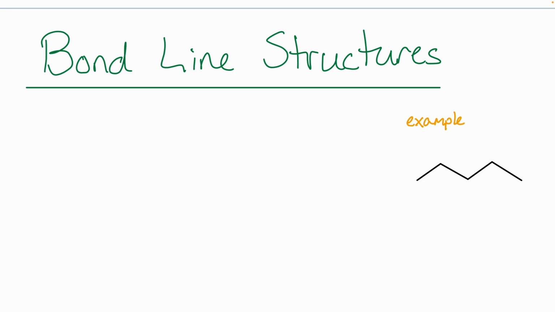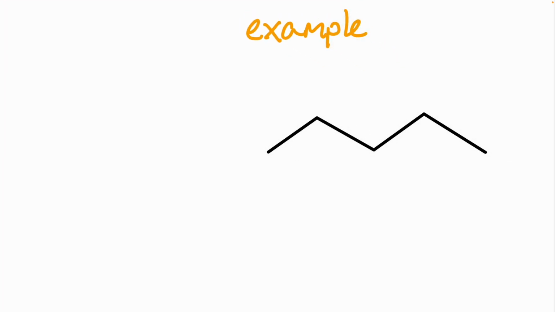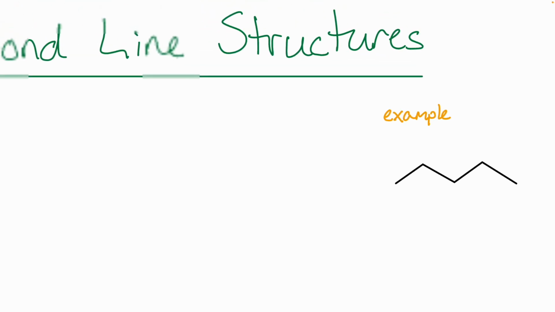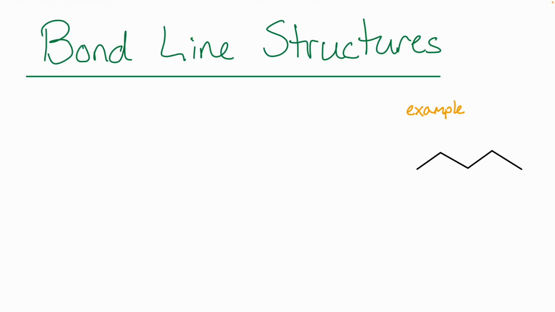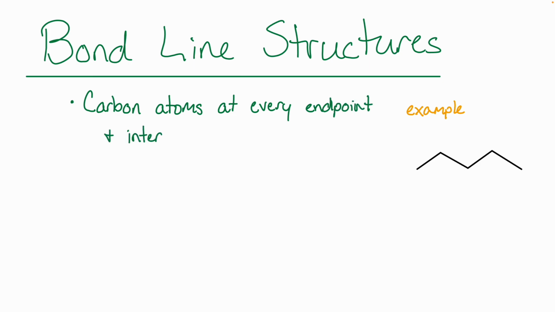What makes these structures very awesome and easy to draw, but also a little bit more complicated, is that the position of carbons and hydrogens is implied by these little line segments. For our bond line structures, we have carbon atoms at every endpoint and intersection.